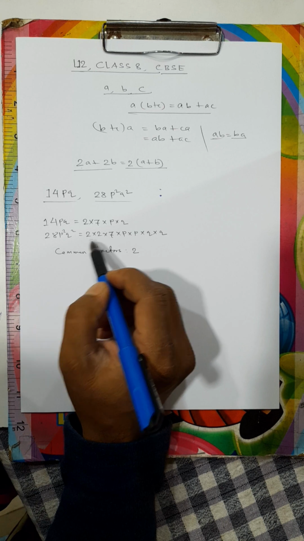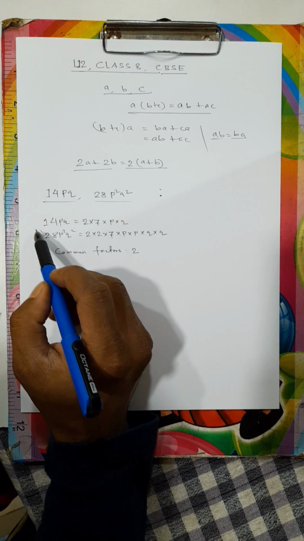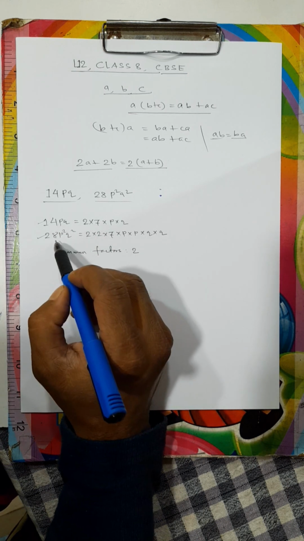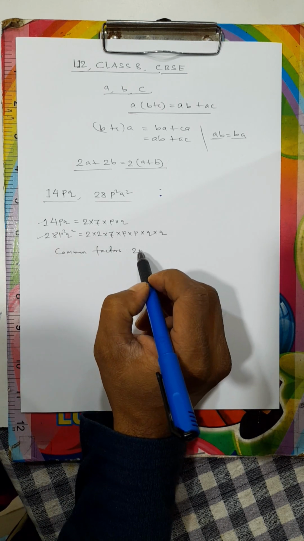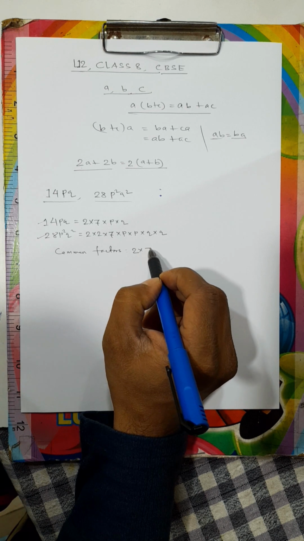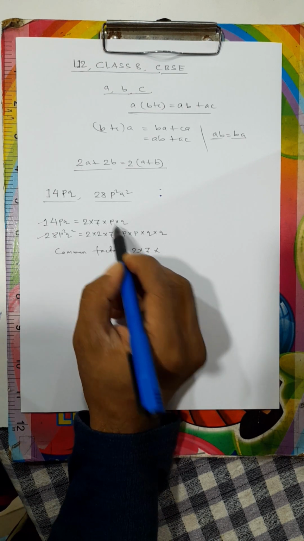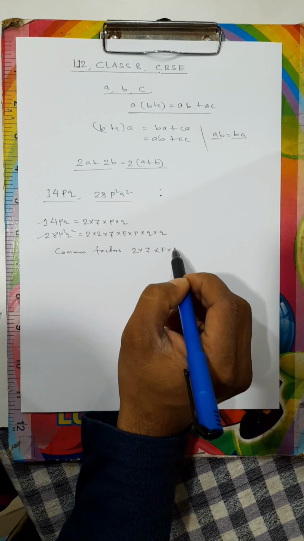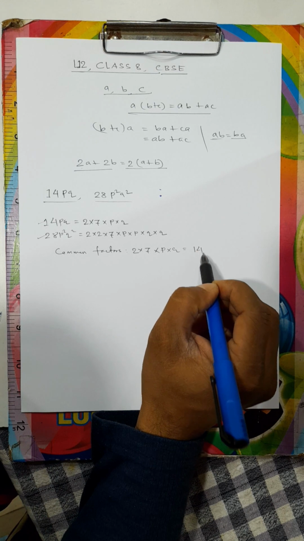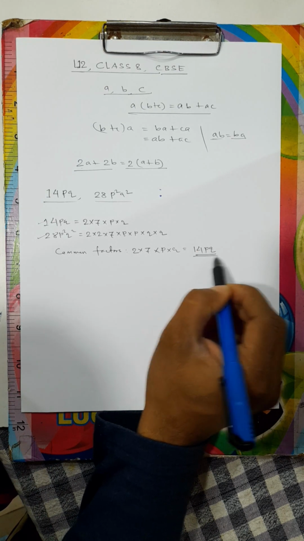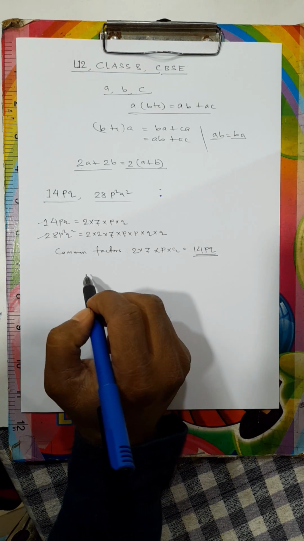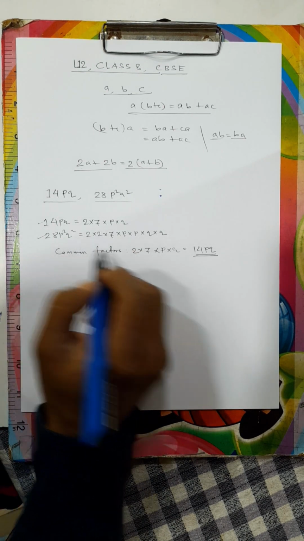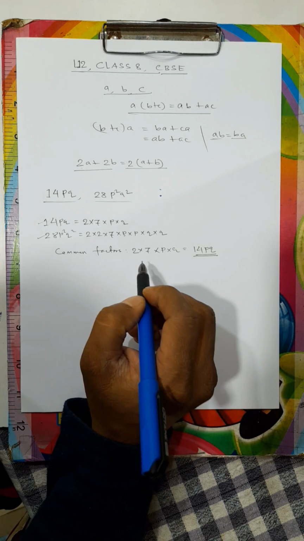This 2 is a factor of this term, but not a factor of 14PQ. 7 is a common factor of 14PQ and 28P square Q square. So 7 is also a common factor. Then this P is a common factor. This Q is a common factor. So the answer is 14PQ, right? The common factor of 14PQ and 28P square Q square is 14PQ.